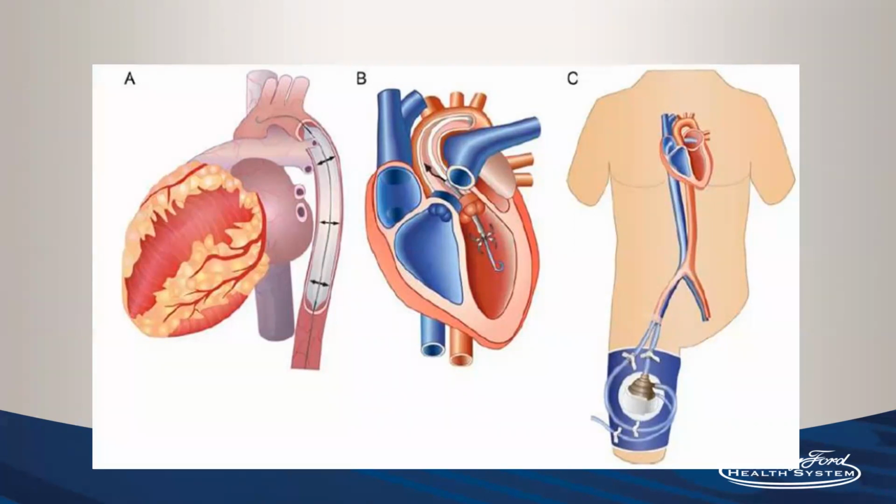What about the third one? Tandem? Where are the cannulas? What's it doing? How is it getting to the left atrium?